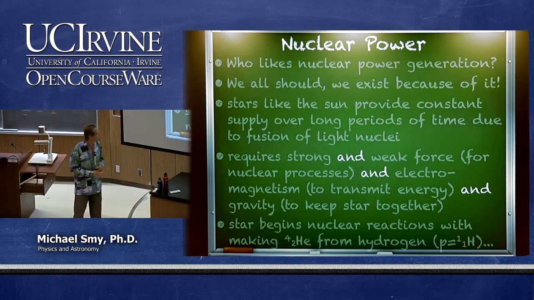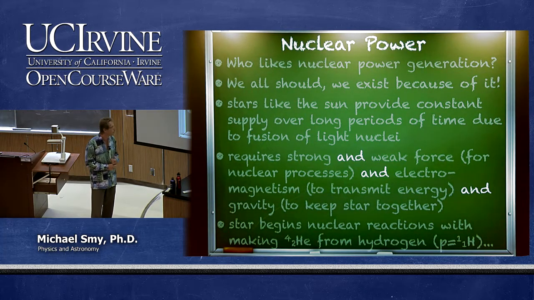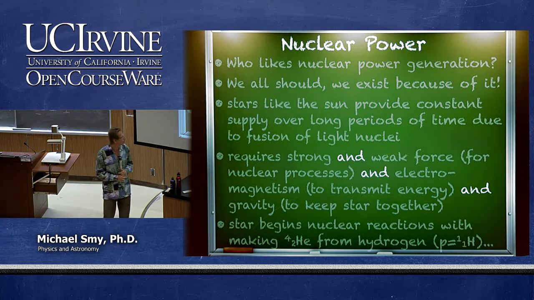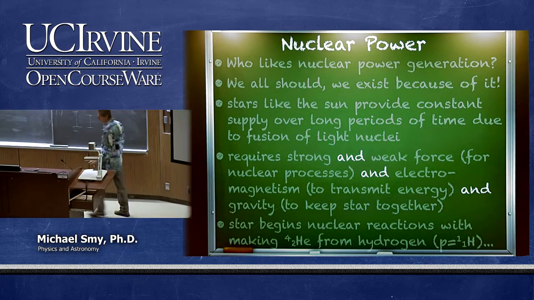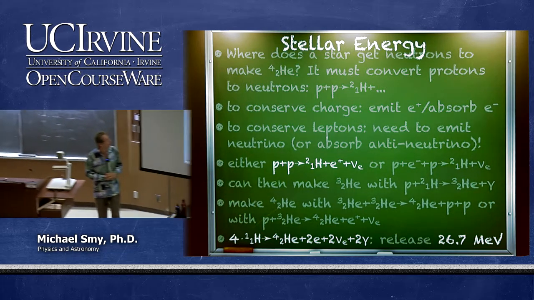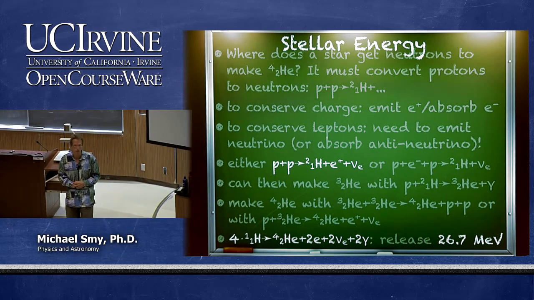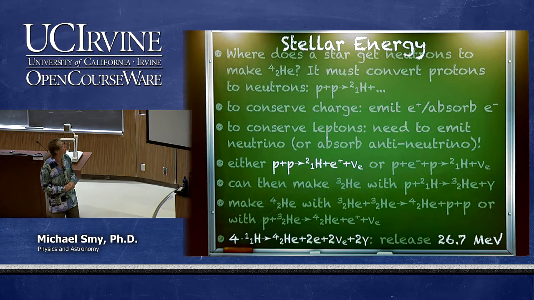So the star begins nuclear reactions by making helium-4 from hydrogen, which is just a single proton. And the question is, where does the star get the neutrons to make the helium-4, because helium-4 has 2 neutrons.